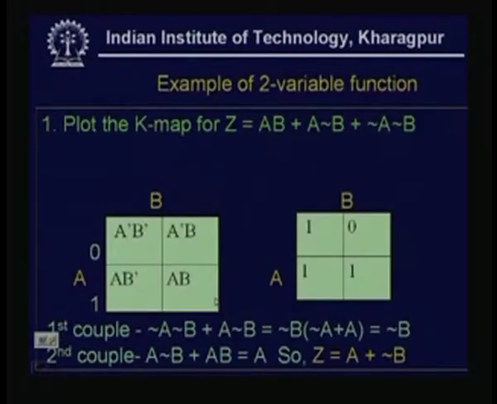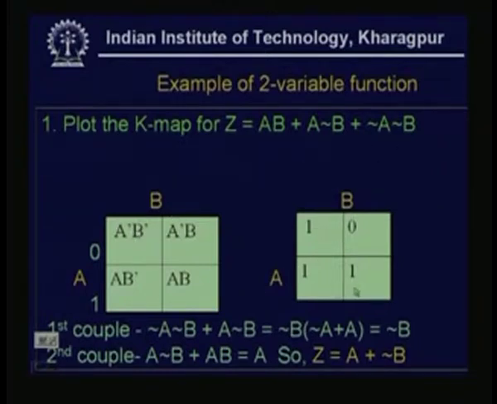We have seen last day 1-2 variable functions, if we apply the rule of reduction. This is one example, that Z is a b bar plus a bar b bar. Then what we have seen, that there are 3 min terms.